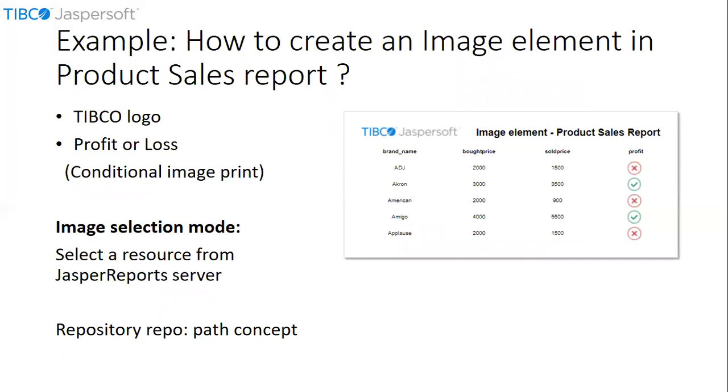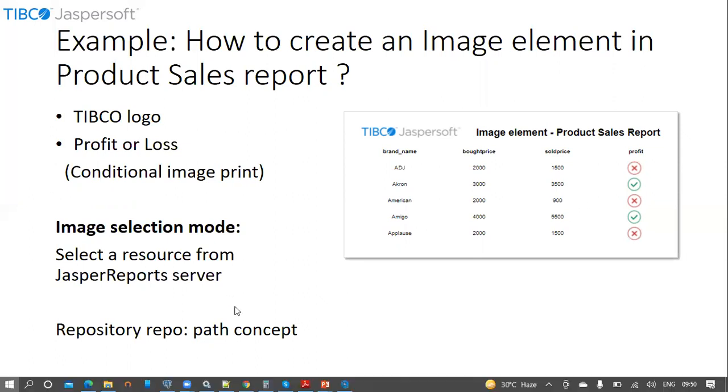So in this demo, we are going to take the report selection mode as from Jasper report server using a repository repo path. Further, we need to upload the images to the server and prepare the paths. I am uploading profit, loss, and TIBCO images to the server as files, and the paths we will see in a minute.